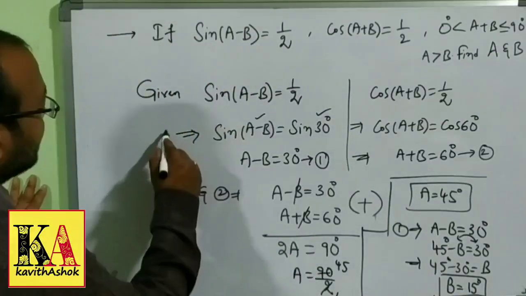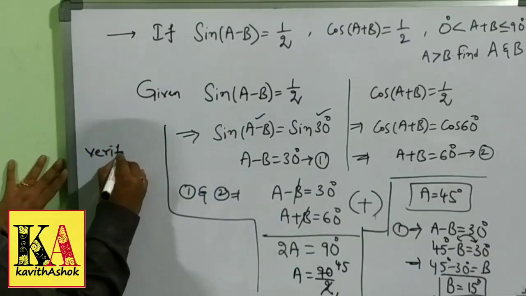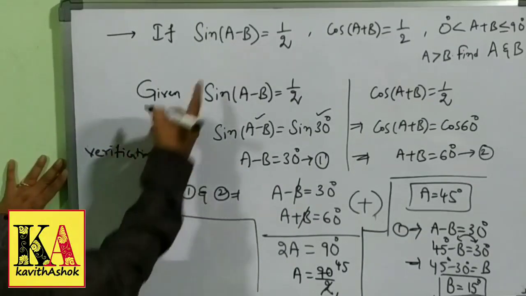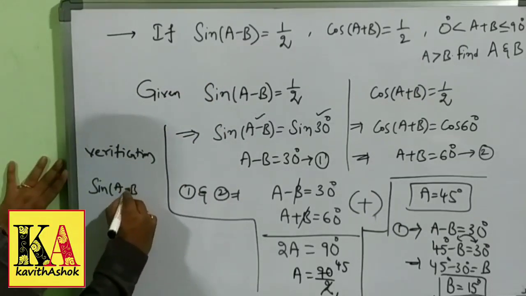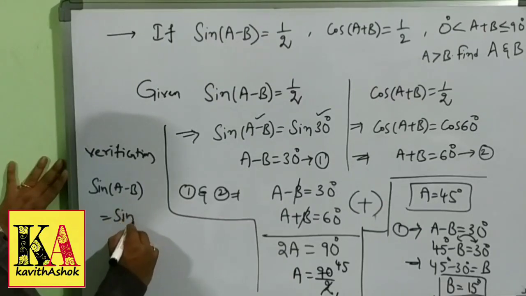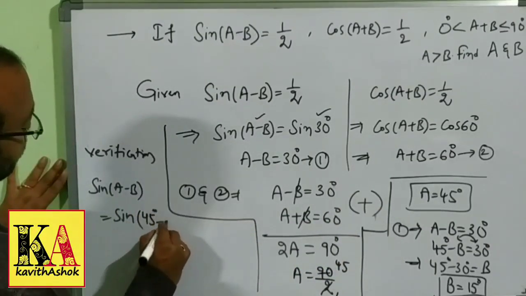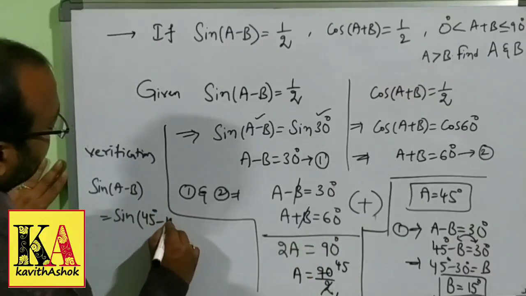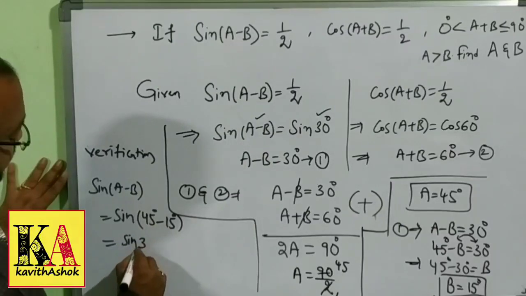If you want to verify, we can verify easily. Verification: sine of A minus B is sine of 45 degrees minus 15 degrees, which is sine 30 degrees, nothing but 1 by 2.